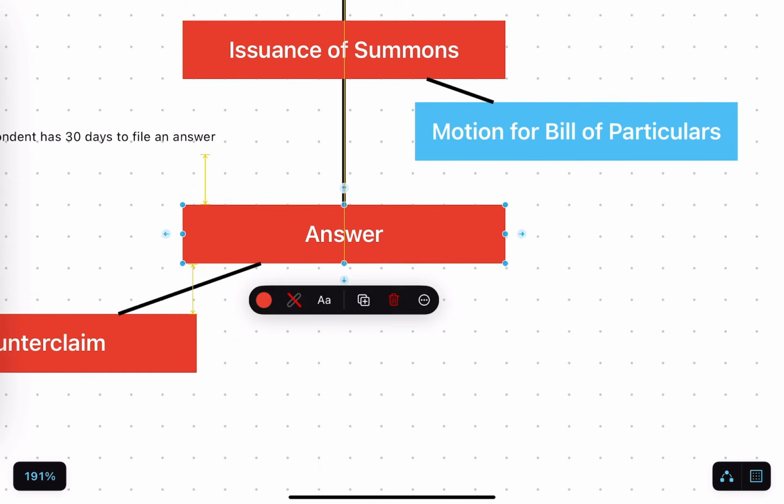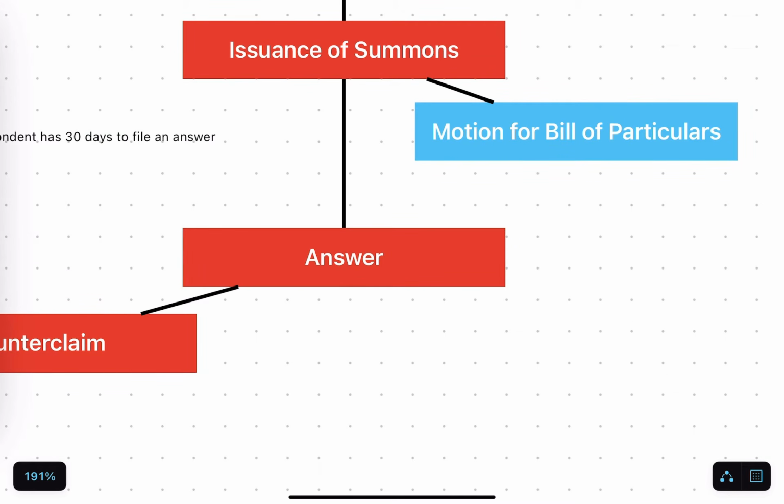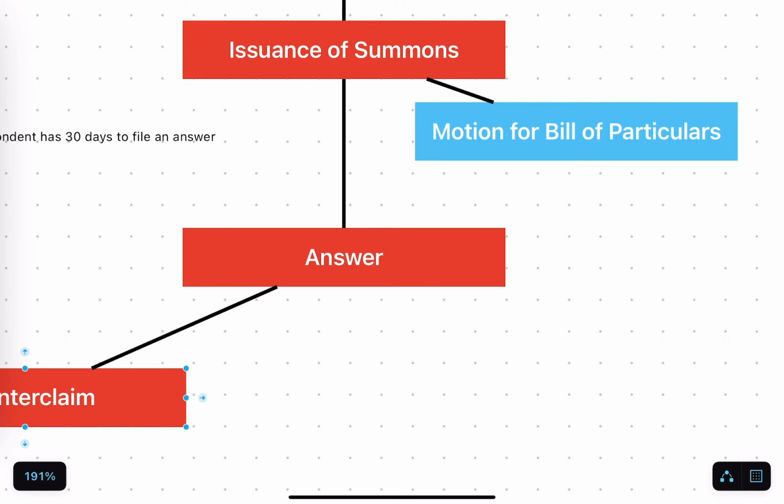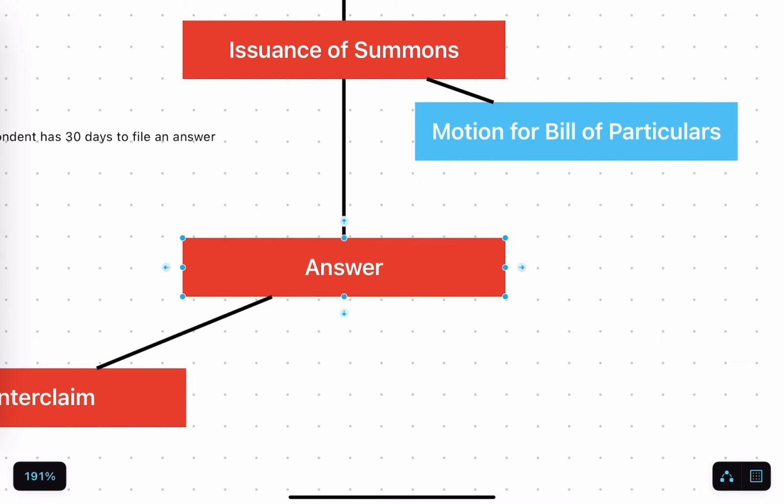So if hindi siya nag-answer within the time period, kailangan pa rin ng motion from the complainant or the claiming party, again plus notice to the defendant and proof of such failure. That's when the court can declare the defendant in default.